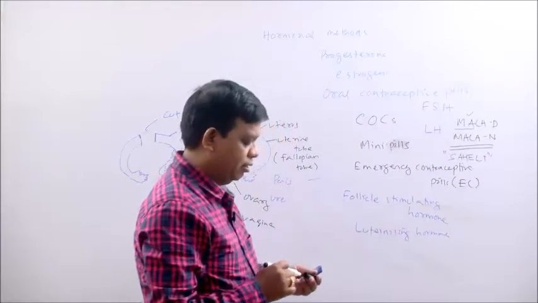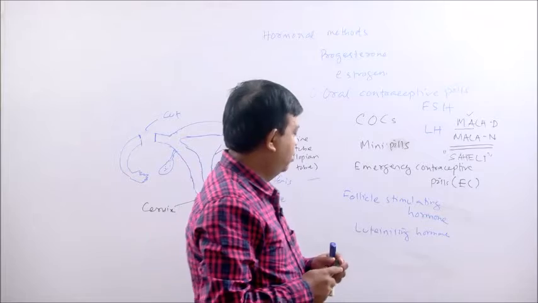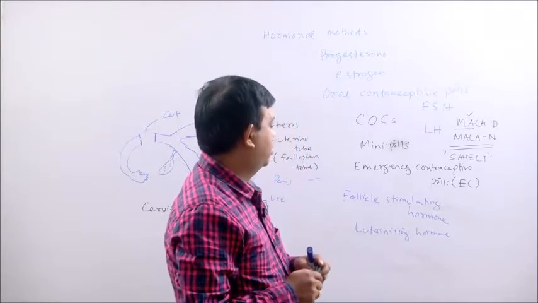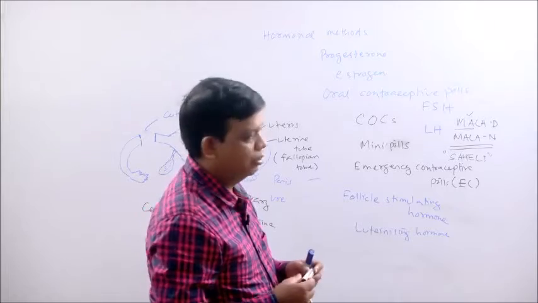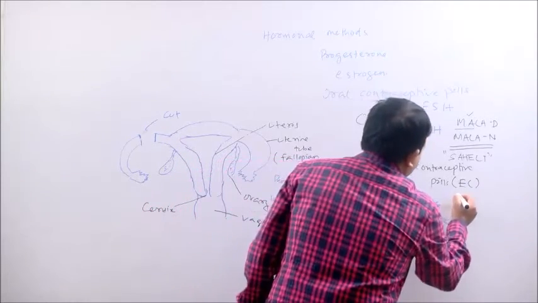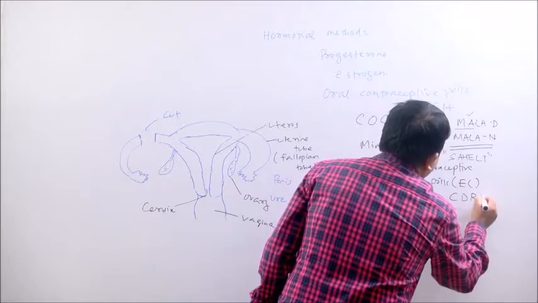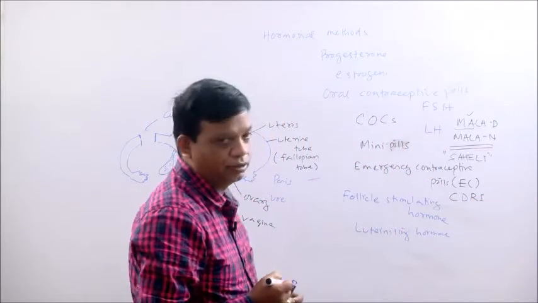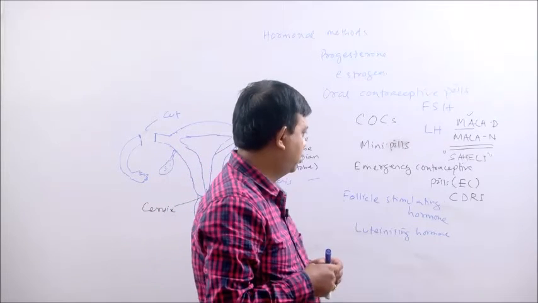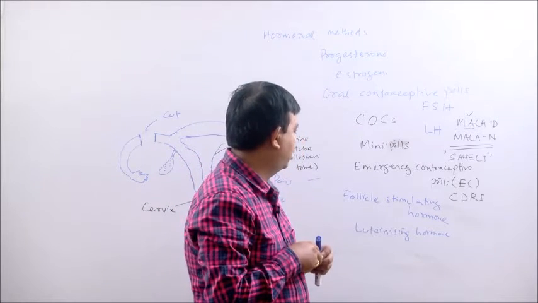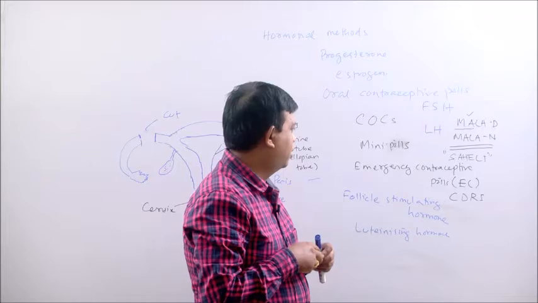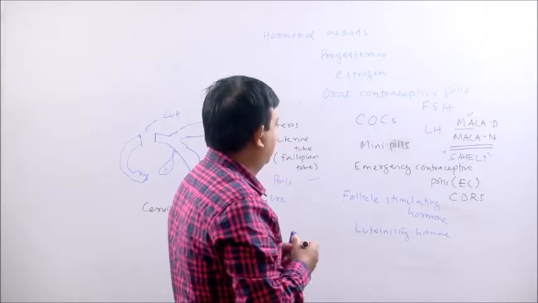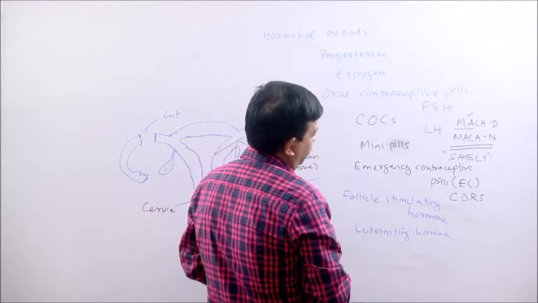This Saheli has been designed by the Central Drug Research Institute of India, CDRI. CDRI stands for Central Drug Research Institute. It is located at Lucknow. This Saheli is a mini pill. It is a non-steroid oral contraceptive.